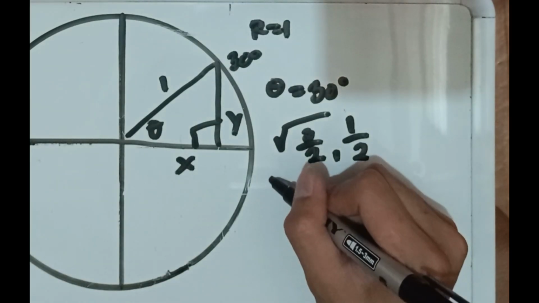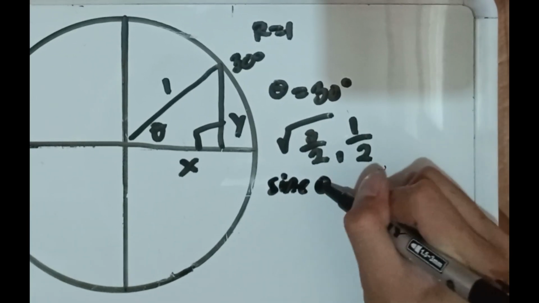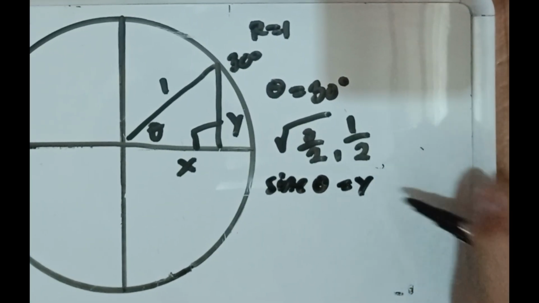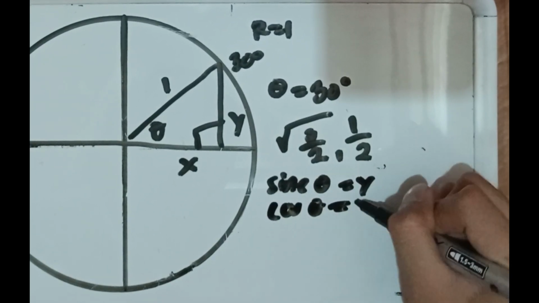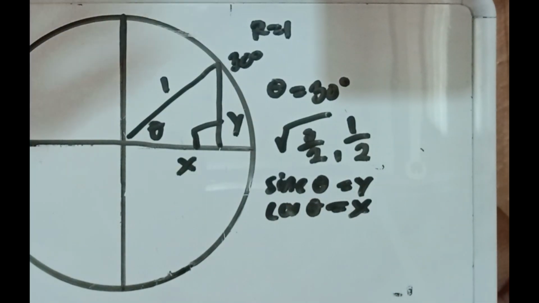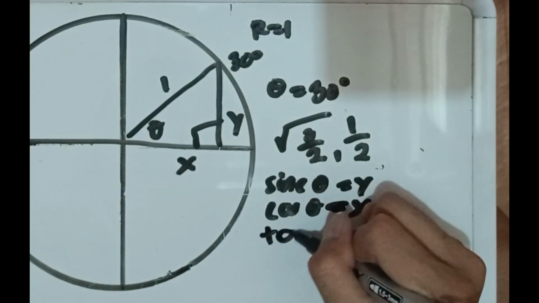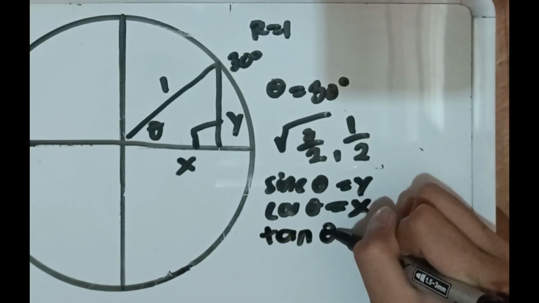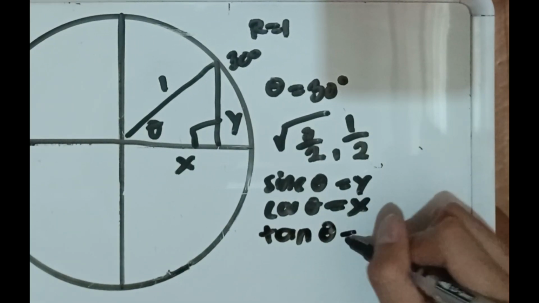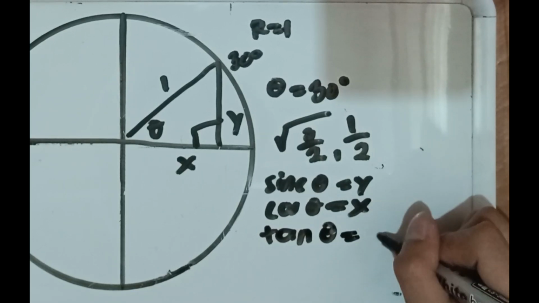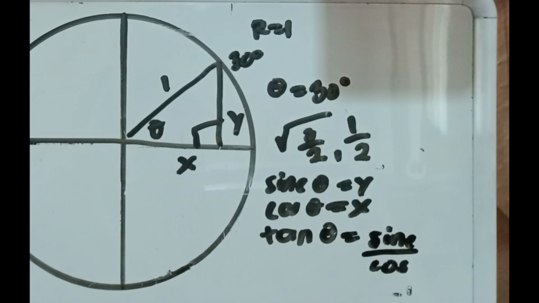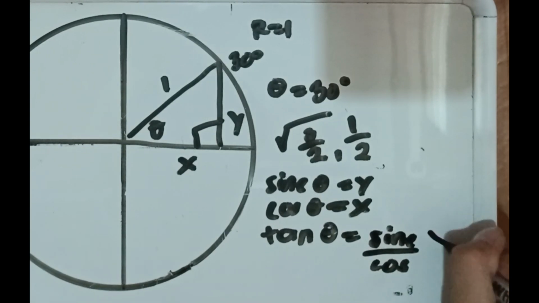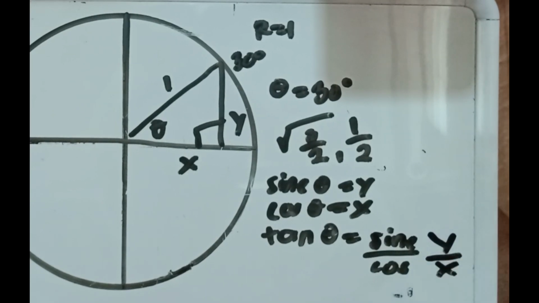Now, sine theta is equal to y, and cosine theta is equal to x, and tangent theta is equal to sine over cosine. So that will be y divided by x.